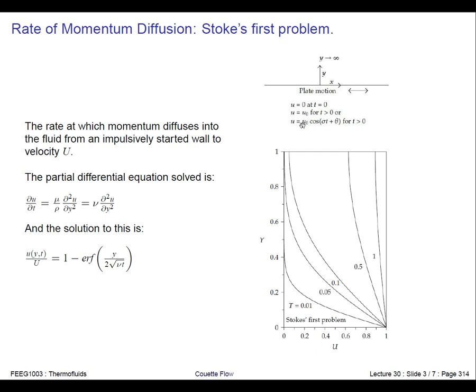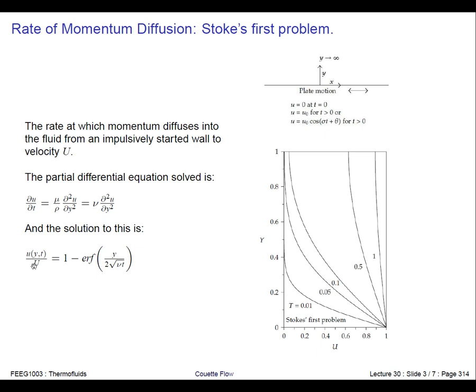And then at time greater than 0, the velocity of the wall is u0. And then what happens is the momentum starts to diffuse into the fluid. And the solution to this equation is summarized by this.